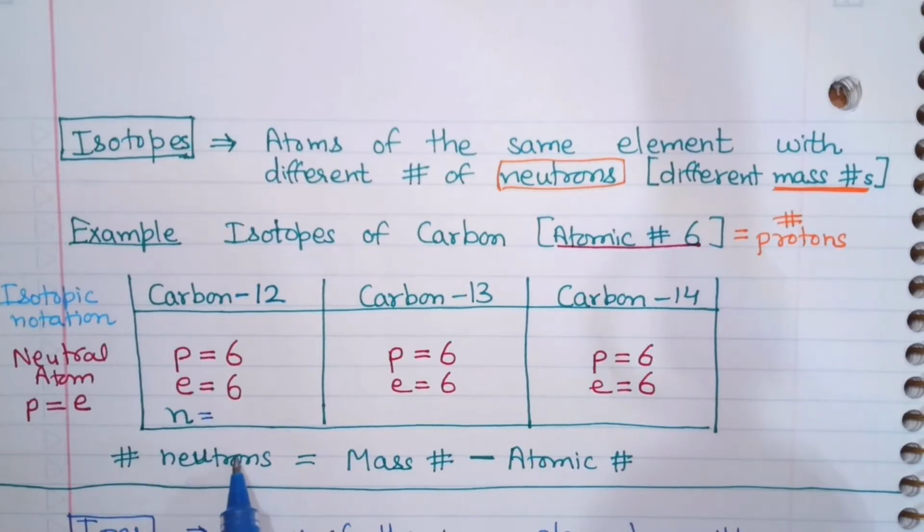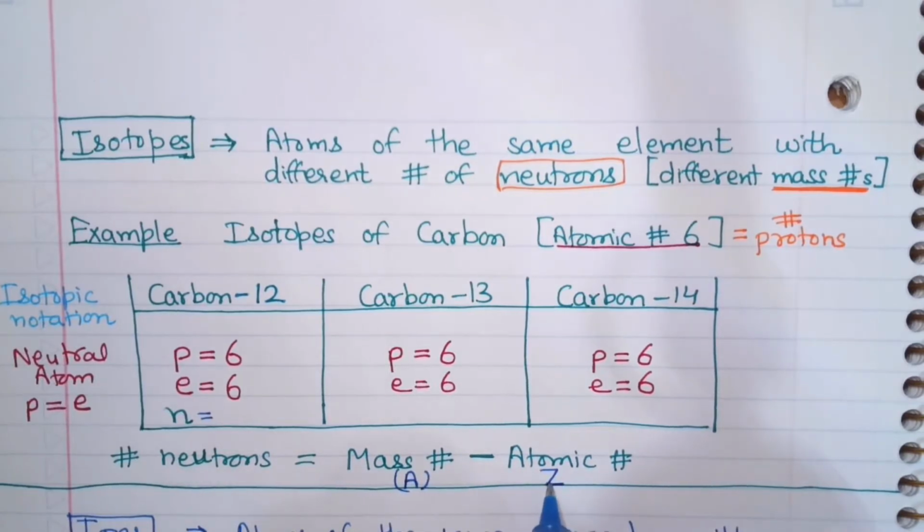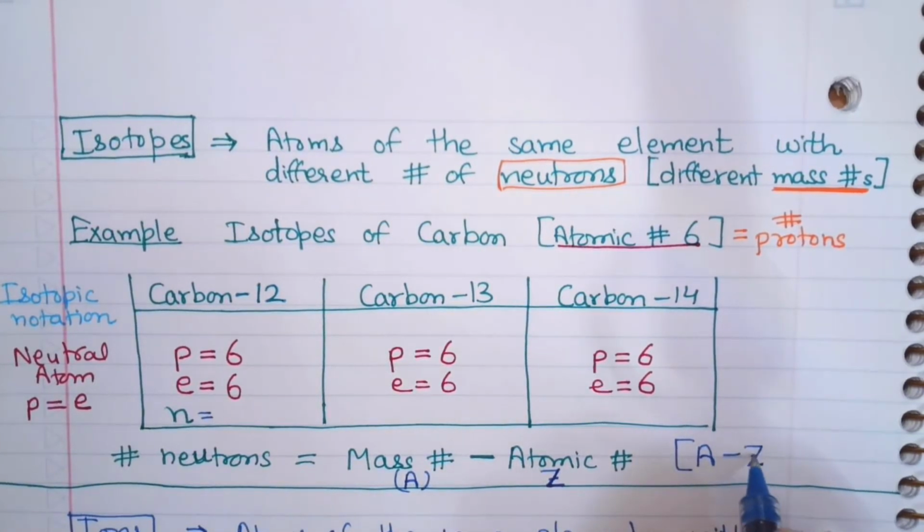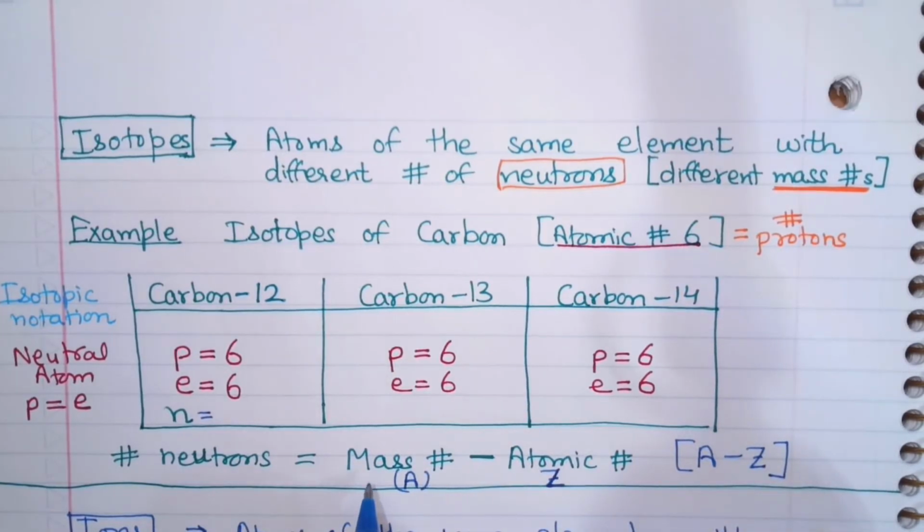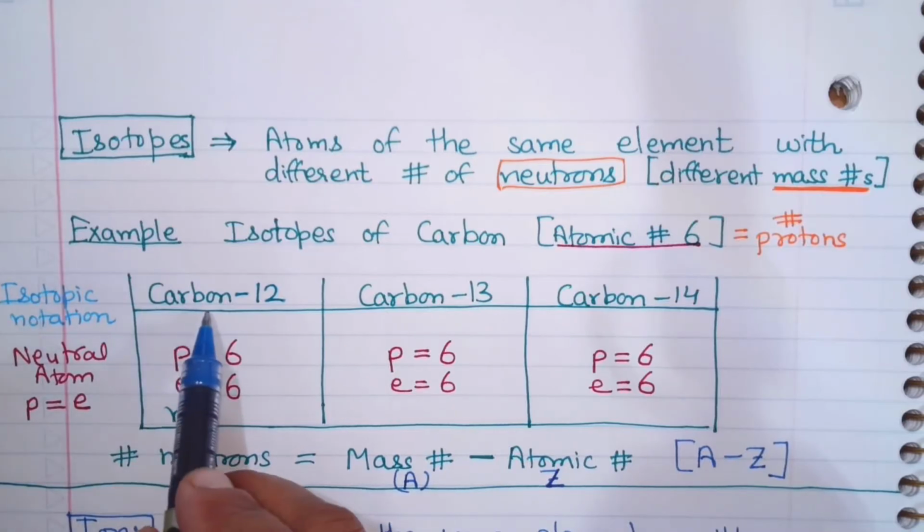The number of neutrons is always equal to mass number minus atomic number. Mass number is represented by A and atomic number is represented by the symbol Z, right? So we can also say it's A minus Z, right?